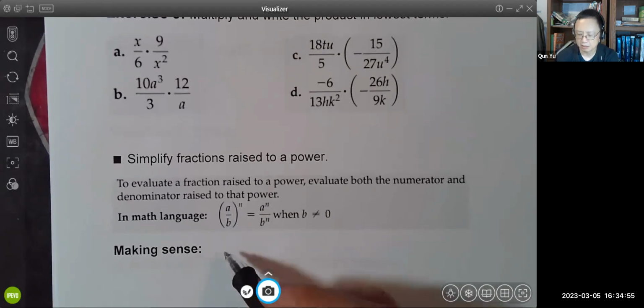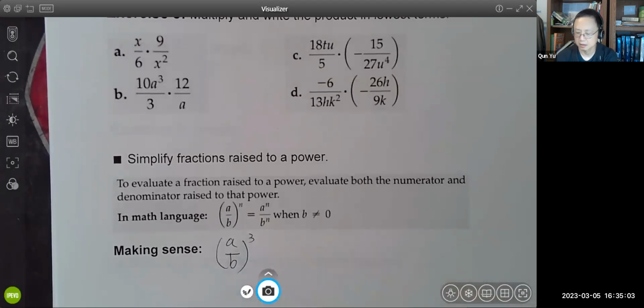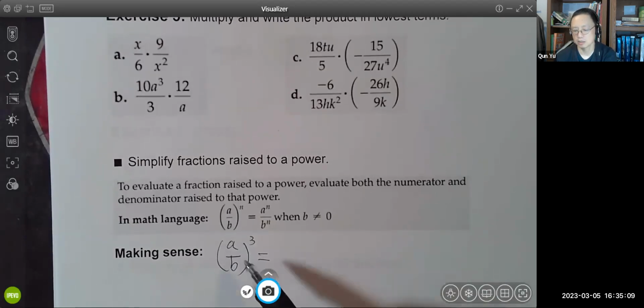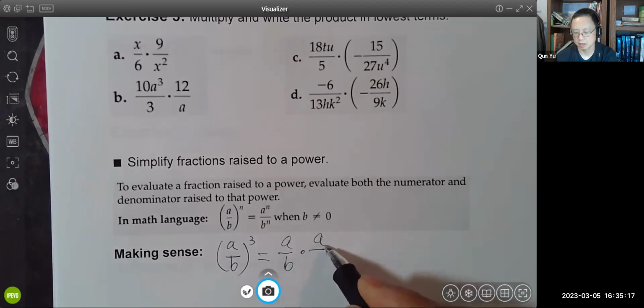Okay, now let's make sense out of this. Instead of using n, let's use a specific number, for example, 3. So from the definition of the exponential operation, which is that you multiply this base by itself this many times by definition. So a over b times a over b times a over b.